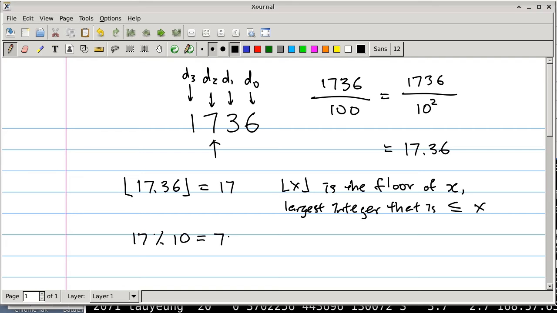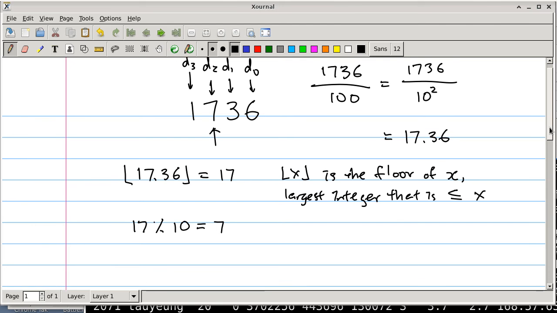So let's revisit the whole process. Let's rewrite the entire thing in one single expression and see how we did this. So what we did was we first divide the value that we have by 10 to the power of 2, and then we take the floor of that, and then we mod it with 10. That is how we got to the digit 7.